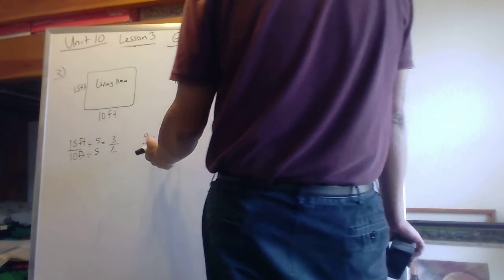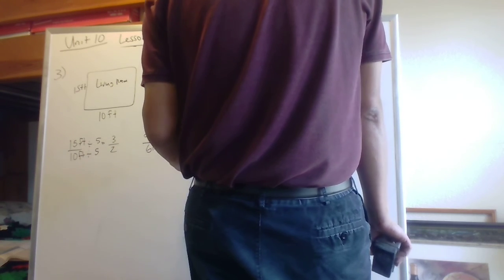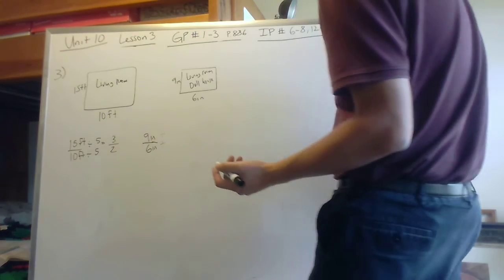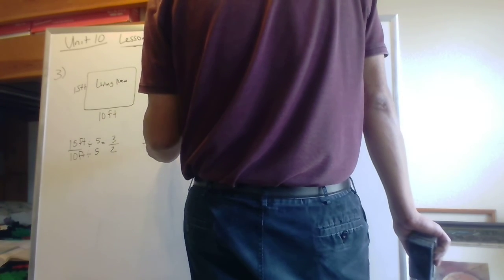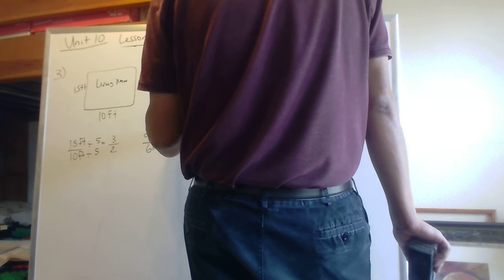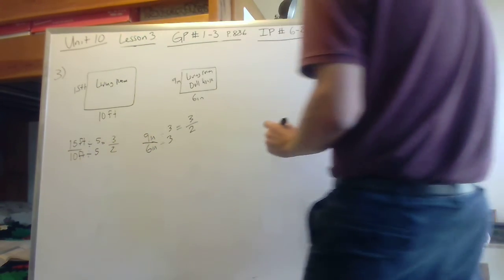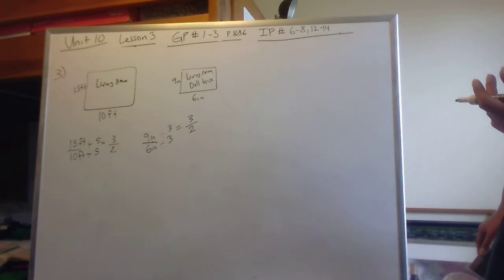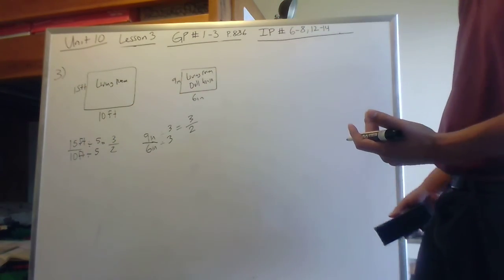Now I'm going to look at the dollhouse, and I see it's 9 inches over 6 inches, so I take the greatest common factor of 9 and 6, and I'm going to divide the numerator and denominator by 3. 9 divided by 3 is 3, 6 divided by 3 is 2. So it looks like the ratio of the sides, they are proportional to one another.